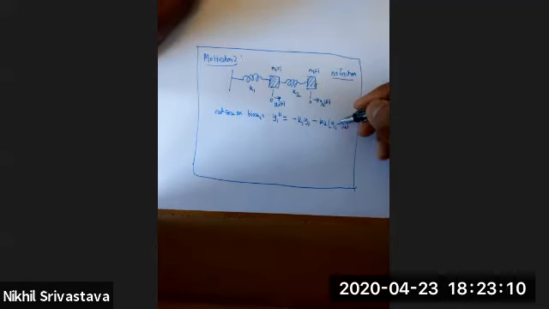So let's see. y1 minus y2 is going to be negative in general. The sign of this force should be negative in y1. That is correct. As y1 gets bigger, the force acts in the negative direction. Okay, fine, this is correct.